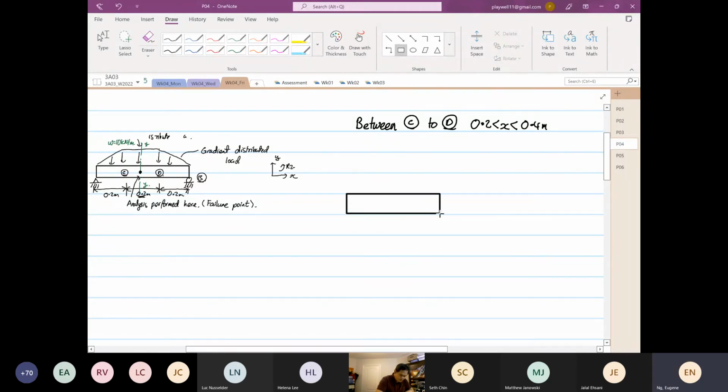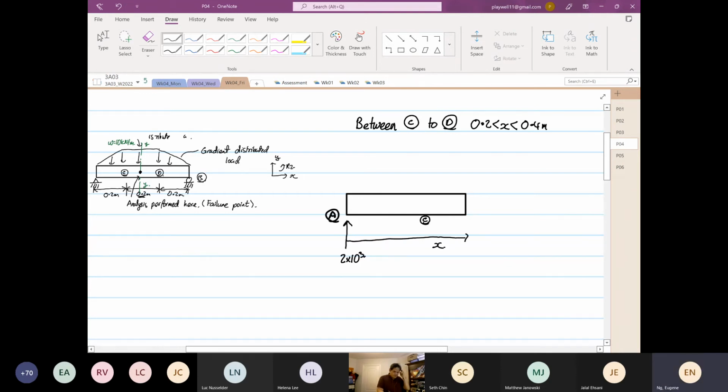Sorry, your bending moment diagram. Okay. So this is point A, right? This is where your point C is. So we know that this is equal to 2 times 10 to the power 3, right? So the distance from here to here is x.